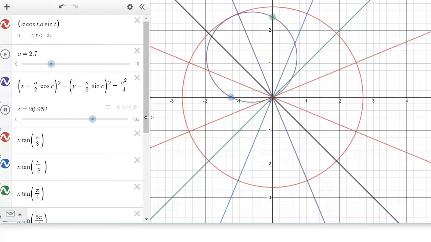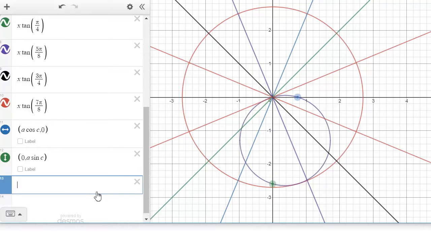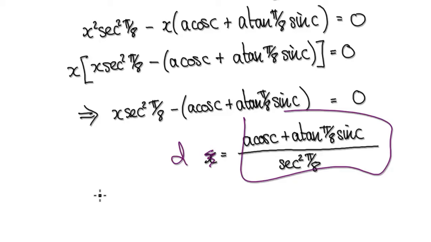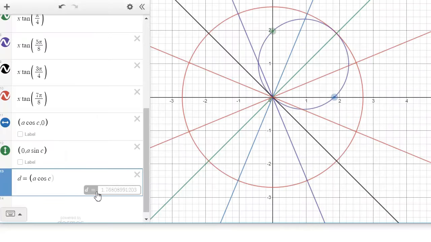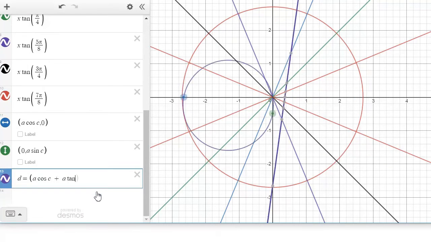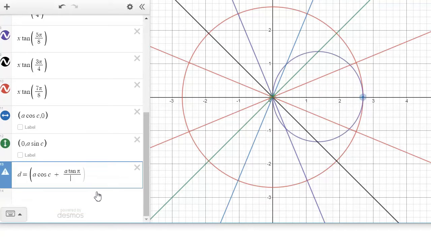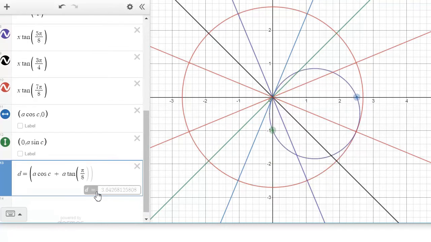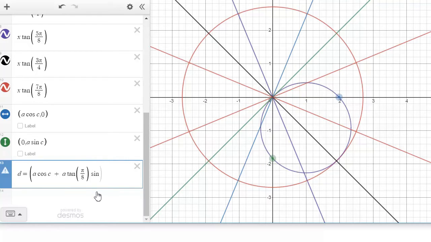So d equals, what was it? a cos c, and what else? Plus a tan pi over 8 sine c, I think.